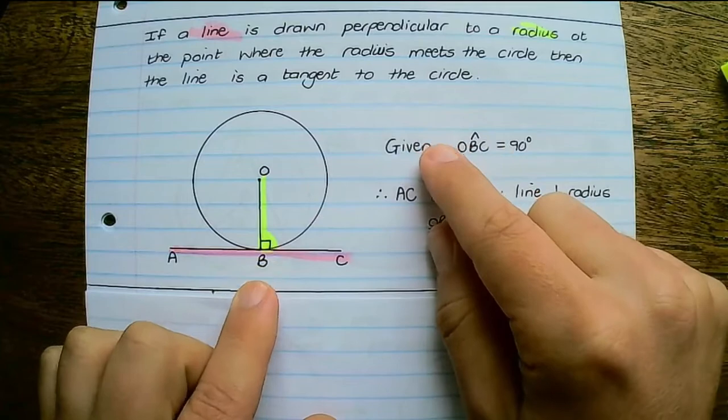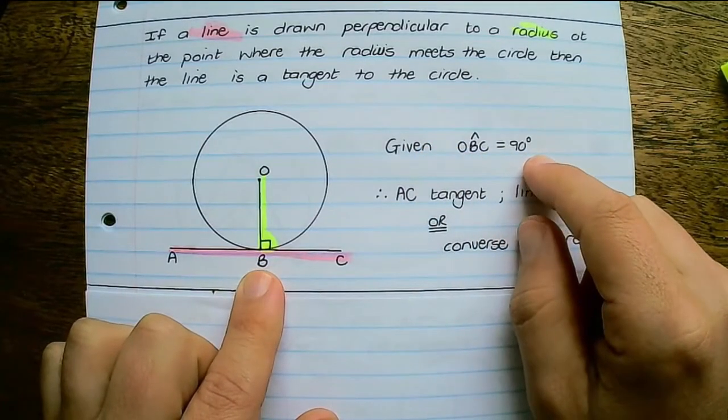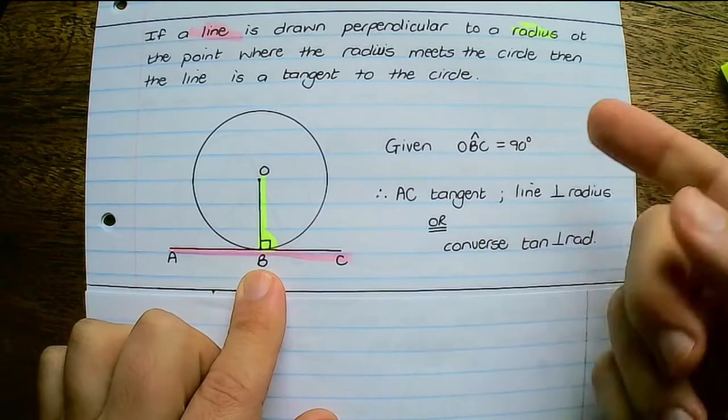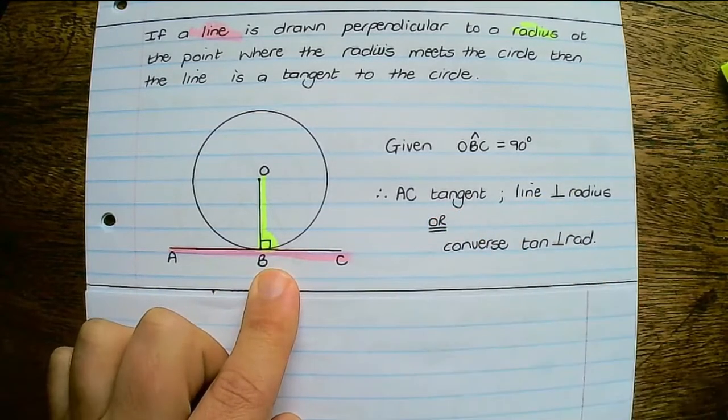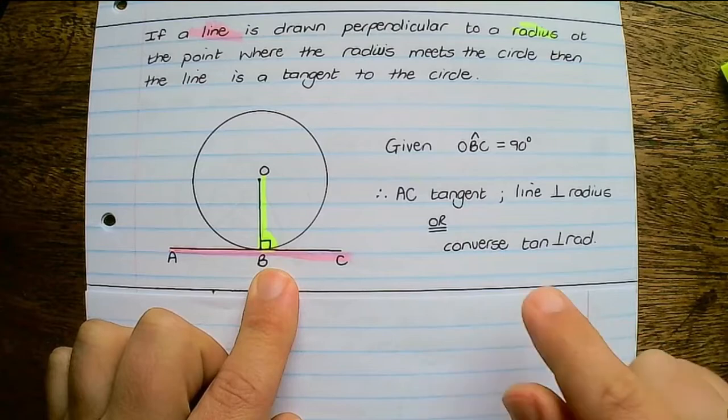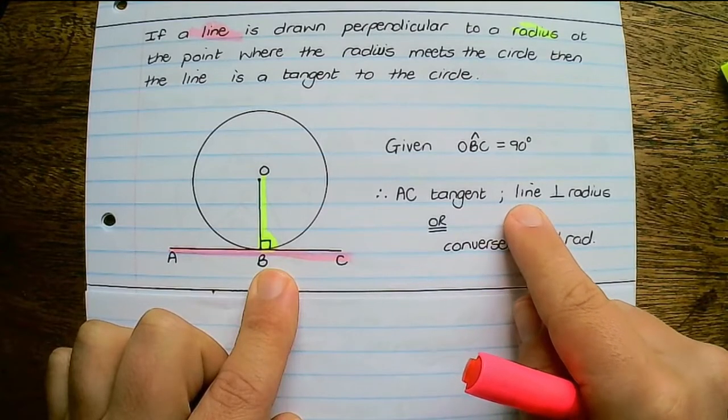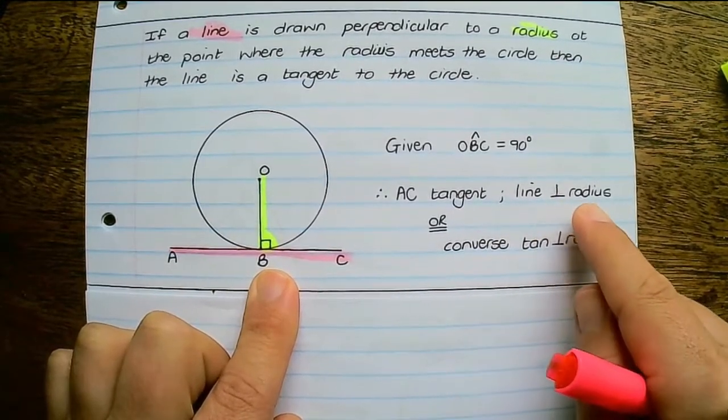So we are given that OBC is equal to 90 degrees. Therefore, we can conclude that AC is a tangent. And the reason why it's a tangent is we say the line is perpendicular to the radius.